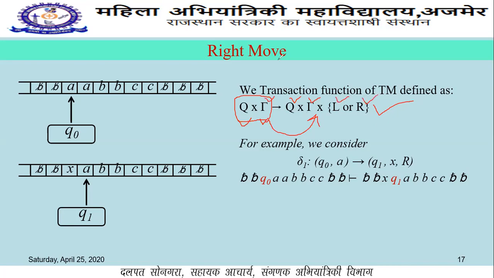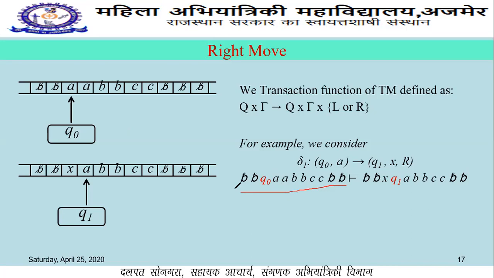So according to this snapshot, our current state is Q0, and we are reading this A. Okay, you can see this in this snapshot also, or this snapshot is represented in alpha, beta, gamma format like this.